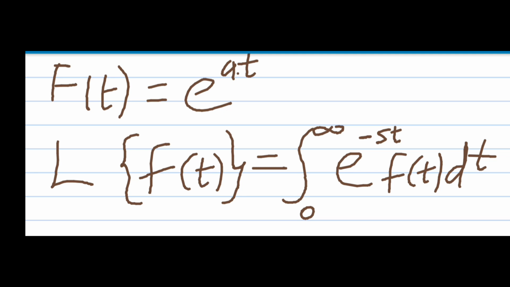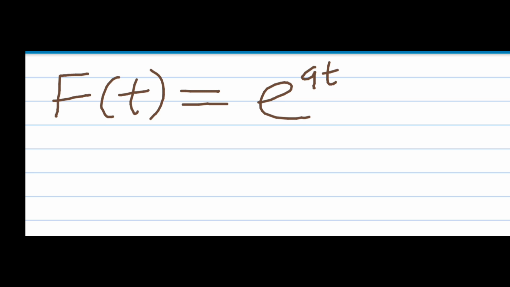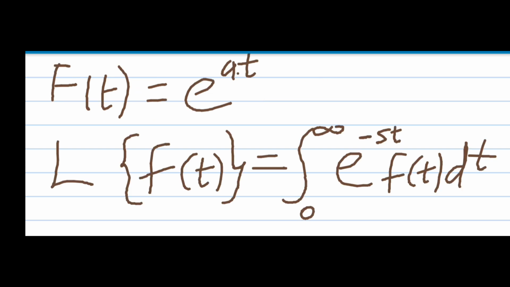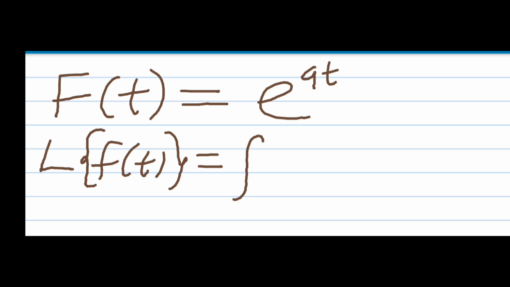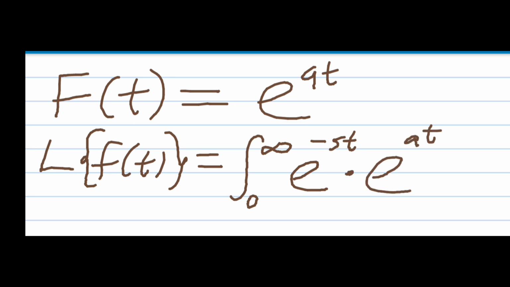Alright, so let's go back. We will need to write this formula down. So we have f(t) equal to e raised to the power at, which is the first question you usually find in the textbook. Now using the formula, we have the Laplace transform of f(t) is equal to the integral from 0 to infinity of e raised to the power minus st dot the function, e raised to the power at, dt.